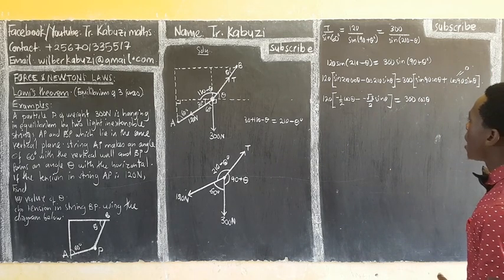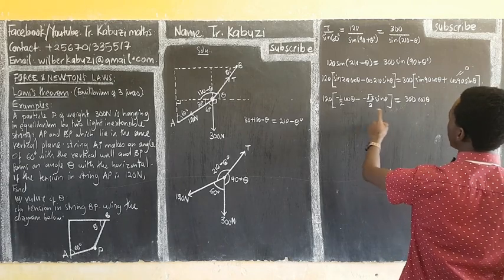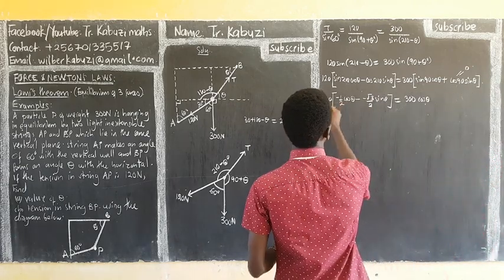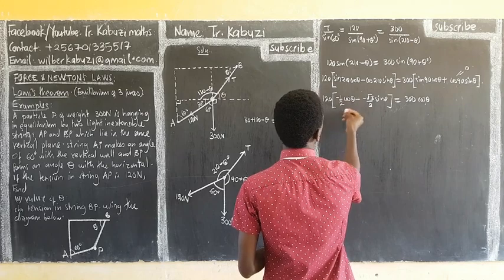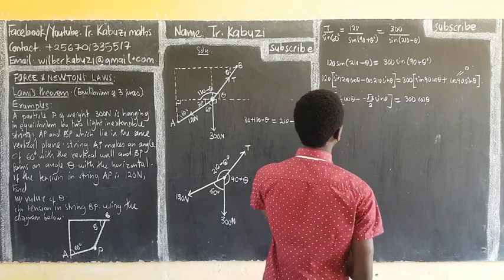So what is common there? We can factorize. You take out a half, and you see that this and this are going to give us a positive.